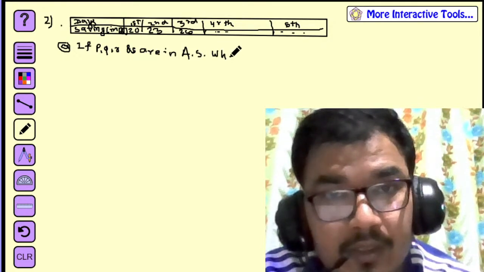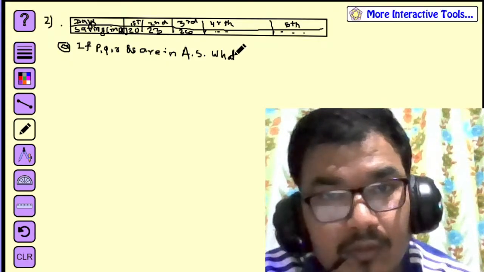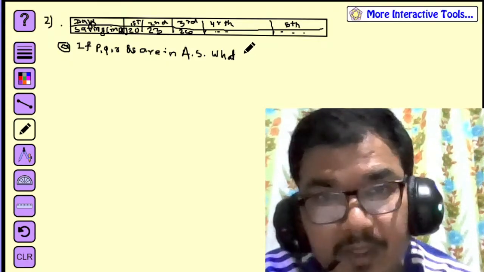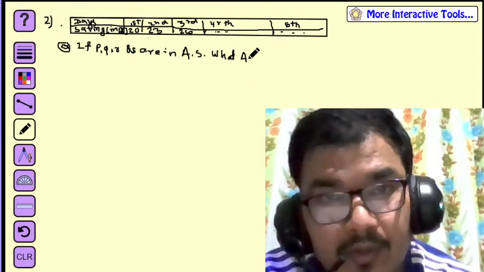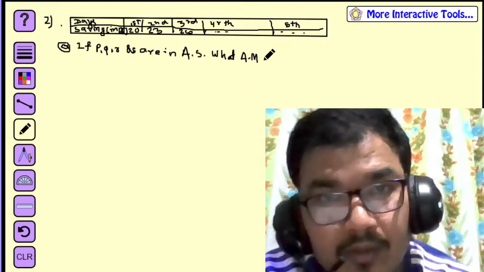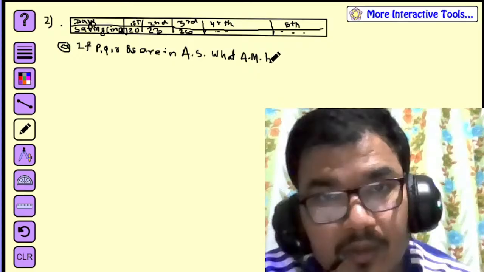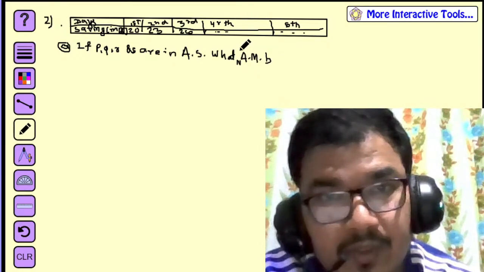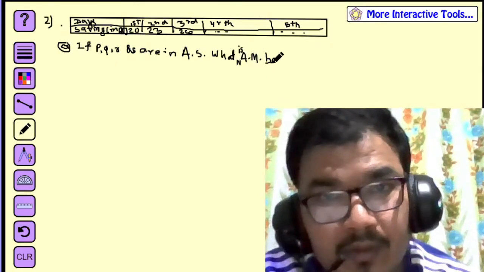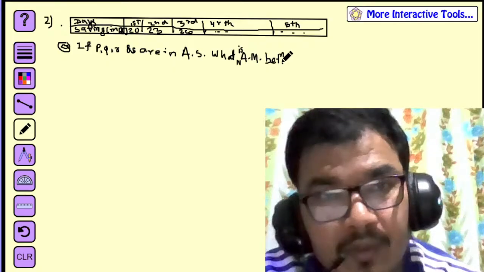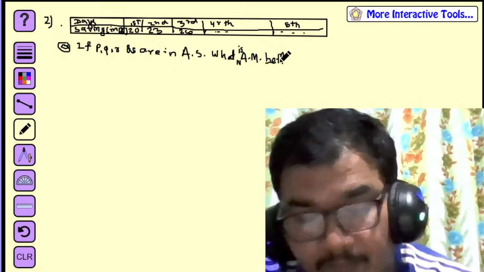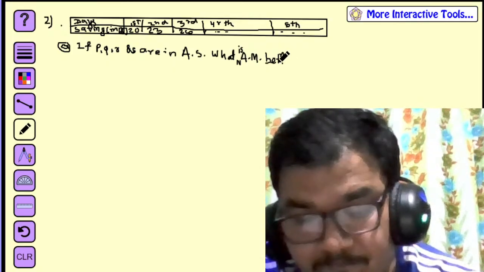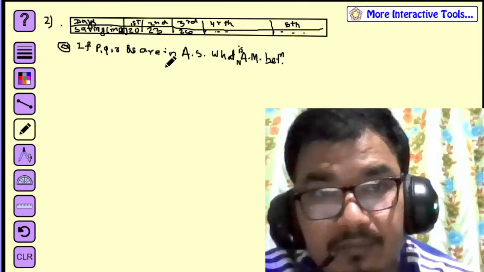The arithmetic mean is called AM. What is the AM between Q and S?